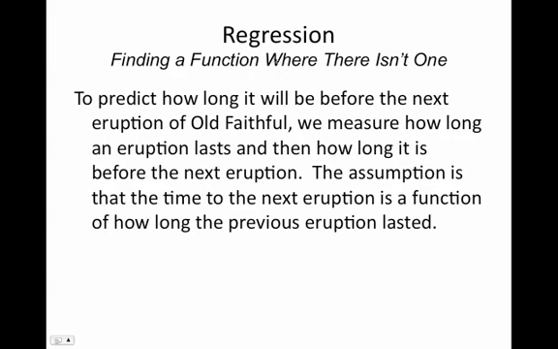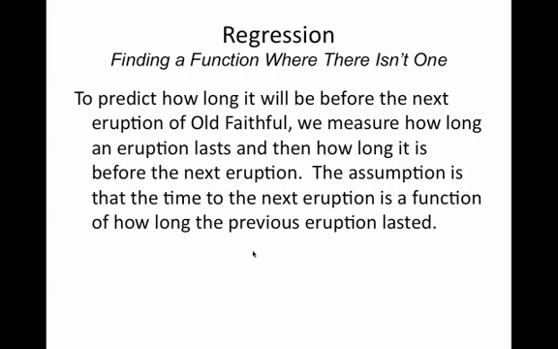Today we want to talk about regression, which we'll subtitle Finding a Function Where There Isn't One. And what we want to be able to do is to take some of this dirty data and predict how long it will be before the next eruption of Old Faithful.